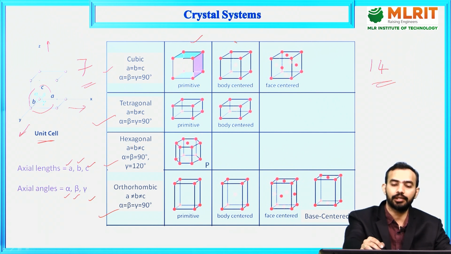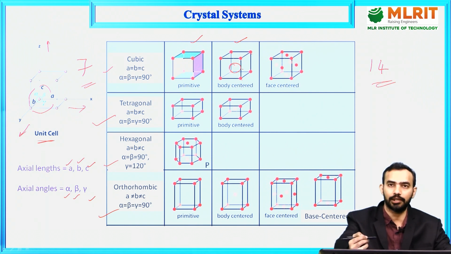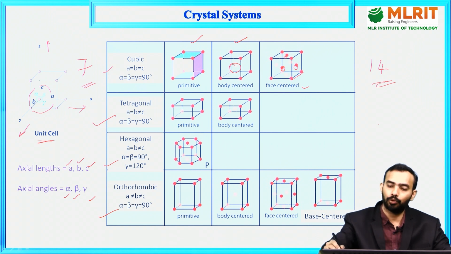Then we have the body centered one, with atoms at the corners of the unit cell and one complete atom situated at the center of the unit cell. That is called a body centered cubic structure. This is the cubic crystal system. And similarly, we have the face centered one. For this particular cube, we have 6 faces, and on each face, at the center of the face, an atom is placed. Like this, based on the atom positions, we get 14 Bravais lattices for these 7 crystal systems.